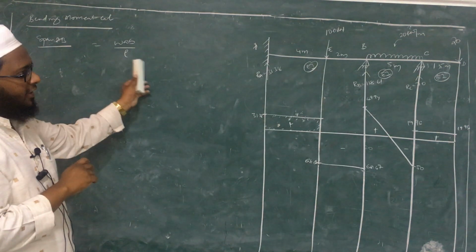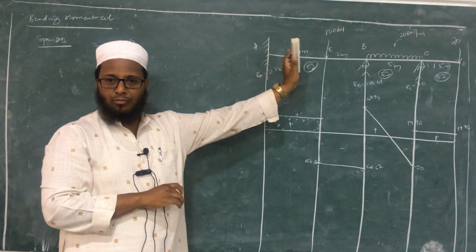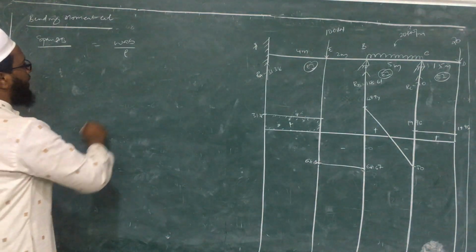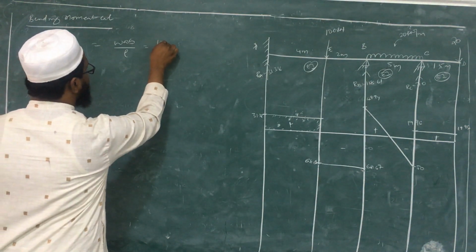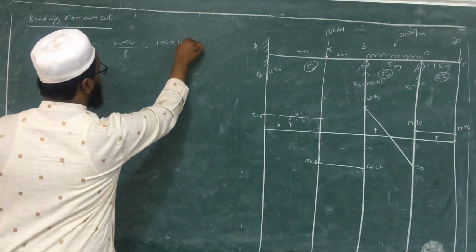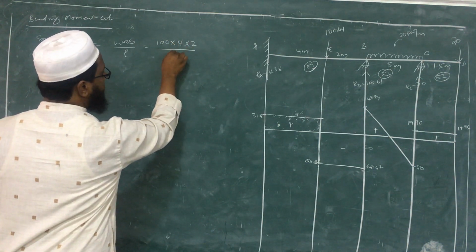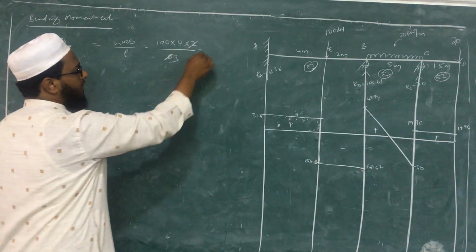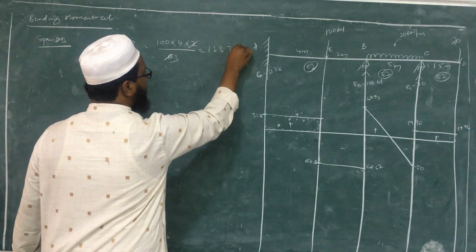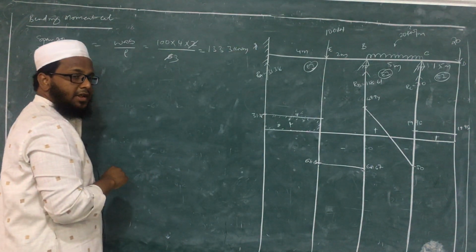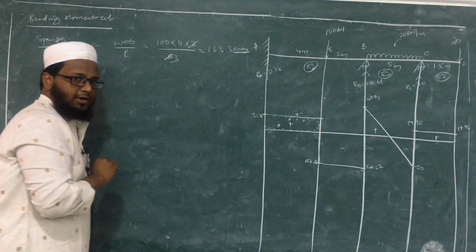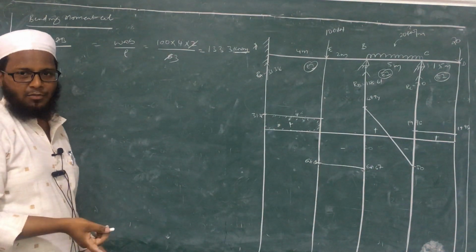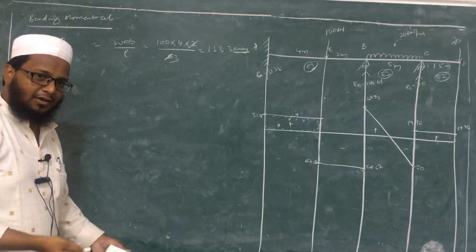So whenever you see an eccentric point load and want to calculate bending moment, it is WAB by L. W is 100 into 4 into 2 divided by 6. 2 ones, 2 threes, 133.33 kilonewton meter. Again I am telling you, units are also very, very important. They will see the units also. For force, kilonewton; for bending moment, kilonewton meter; for fixed end moment, kilonewton meter only.